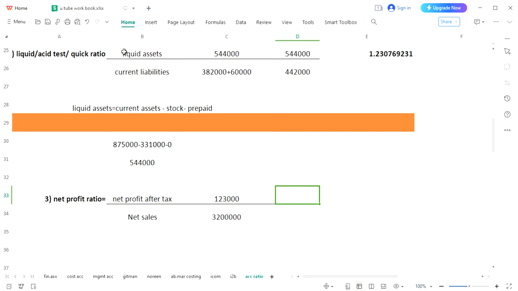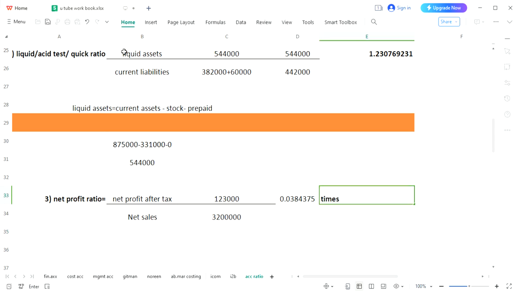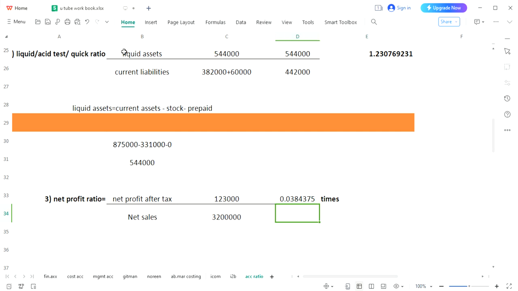Alright, values have been entered and now we will calculate it. Net profit after tax divided by net sales. So we have 0.38. If you want, you can write this answer in terms of times, or you can write it in terms of percentage. For that, just take this amount and multiply it by 100.